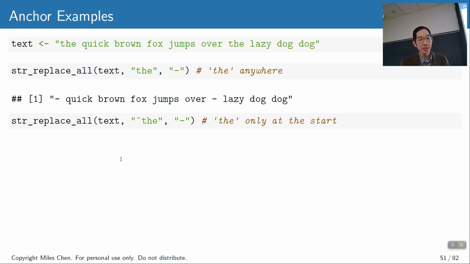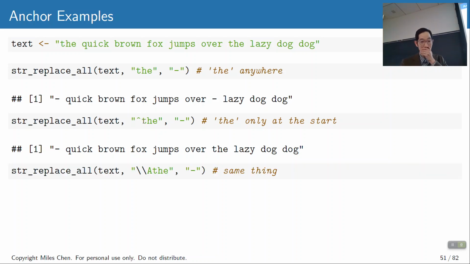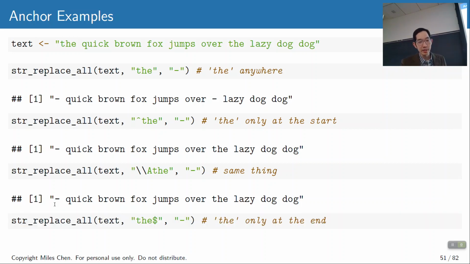So this means only at the start of the string. So it's only going to replace the THE at the beginning. This THE is not at the start of the string, so it does not match this pattern. Okay, here I've got double backslash capital A, and this is the exact same thing as using the caret. So again, it matches that and not the other.